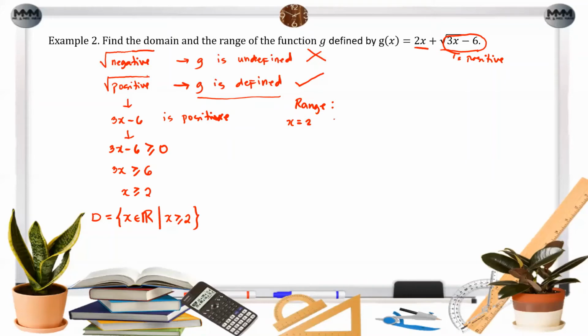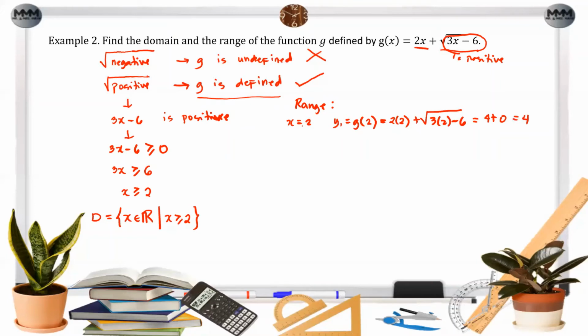Say y sub 1 is equal to g of 2. We just replace x with 2. So 2 times 2 plus the square root of 3 times 2 minus 6. This is 4 plus, 6 minus 6 is 0, and the square root of 0 is 0. So it is equal to 4.